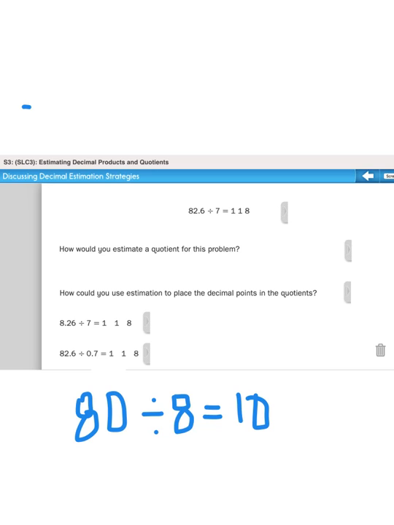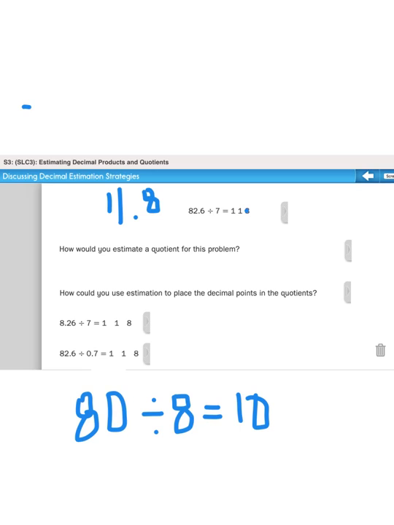You would place it right between the second one and the 8. I'm just going to write it out here to the side because it's not working. There we go. After looking at your estimate, which was 10, you would make your answer 11.8.